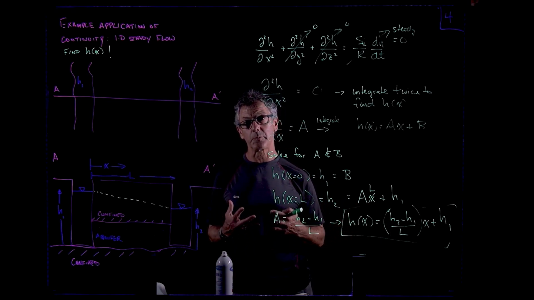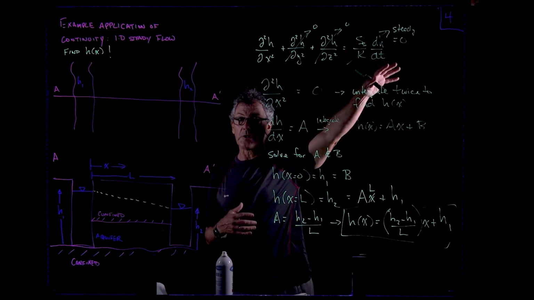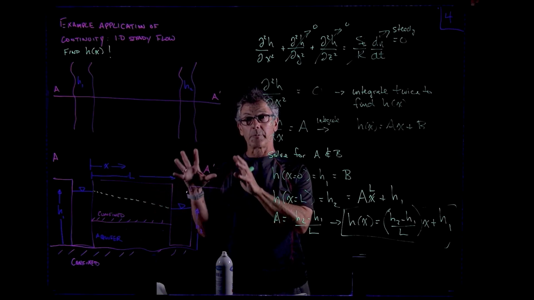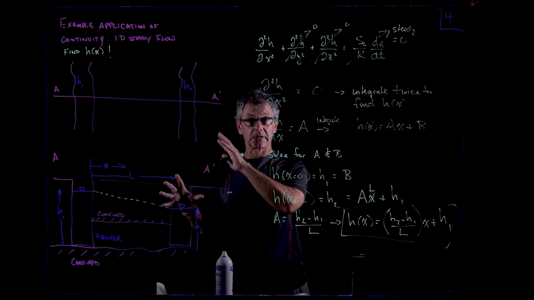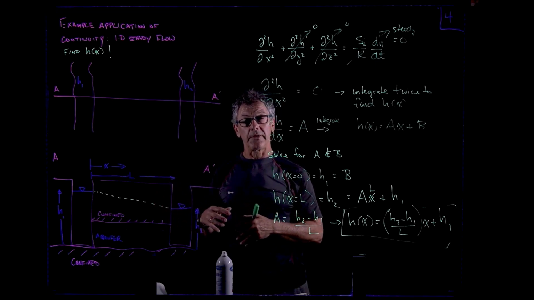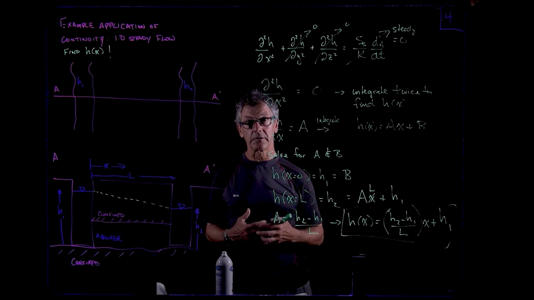So this is a very simple application of how we can take a pretty complicated continuity equation, apply the situations of the particular problem. Is it steady? Is it transient? Is it 1D? Is it 2D? Is it 3D? And then apply the boundary conditions and produce a model for hydraulic head.